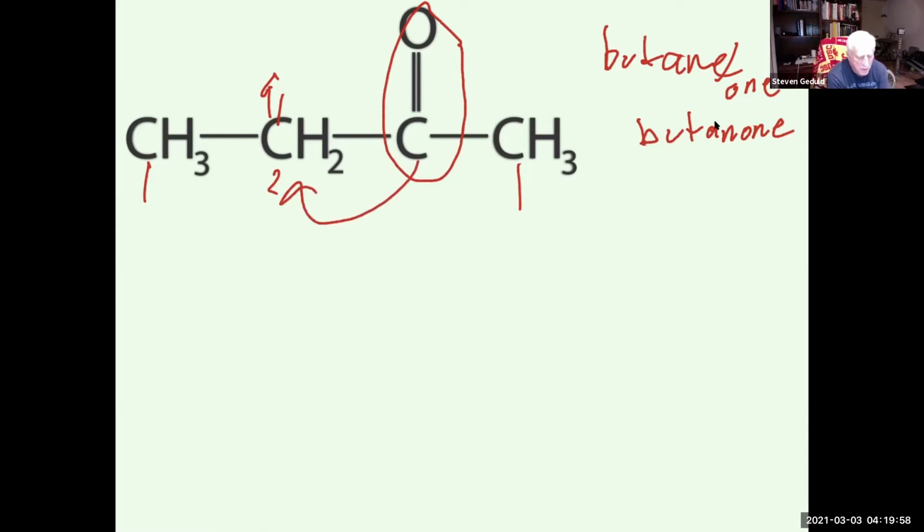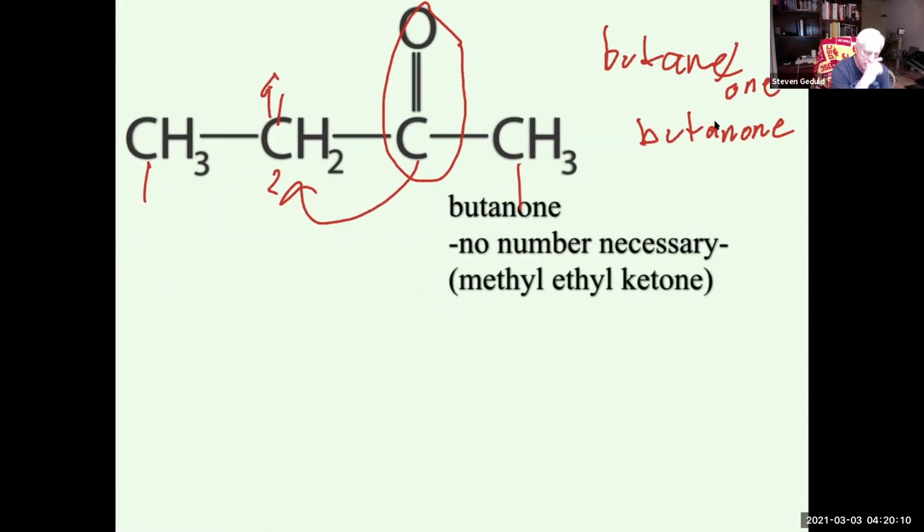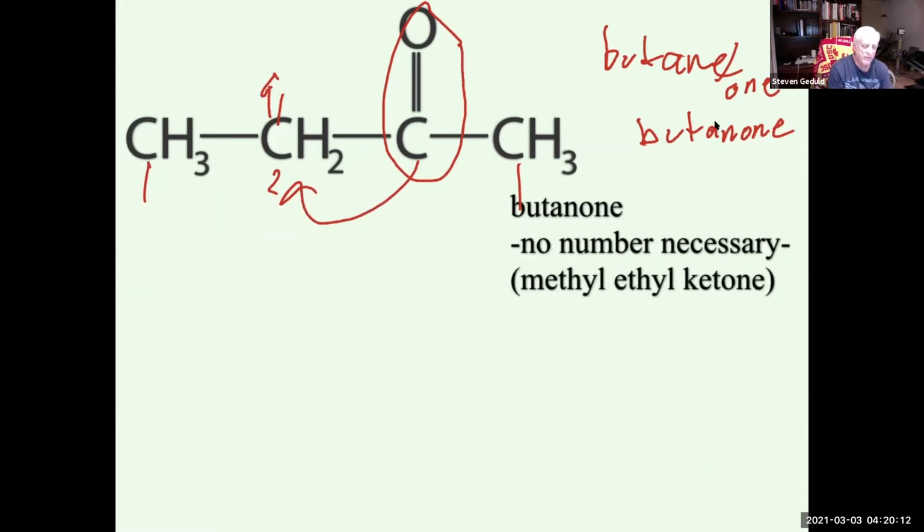Now, if you put the 2 butanone, I will not mark it wrong, because it is a 4 carbon ketone with a carbonyl group on the number 2 carbon, but you don't have to put it. No numbers necessary. If you want a common name, you might see methyl ethyl ketone. How it got that is, this is the ketone right here.